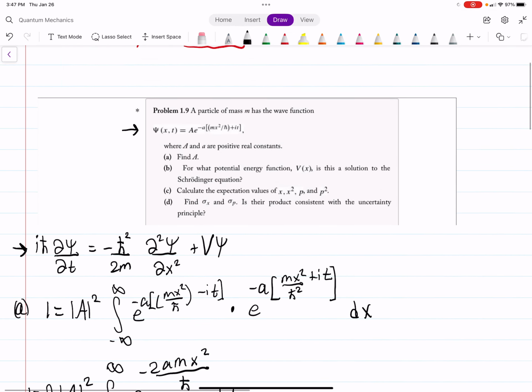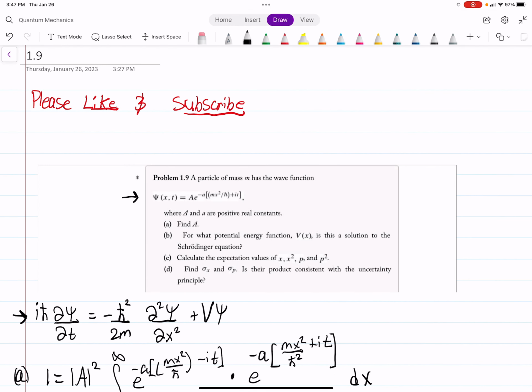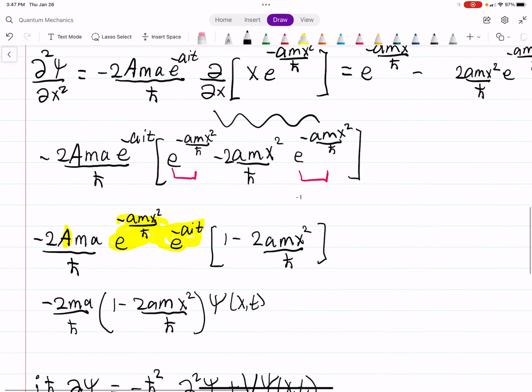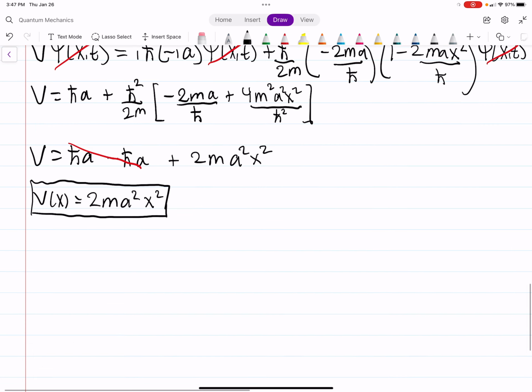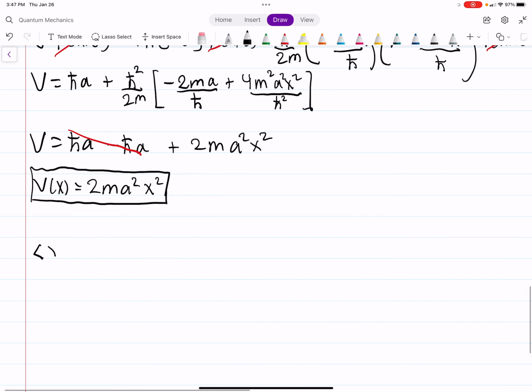So that was a lot longer. C and D, I think, will go a lot faster. So we'll start with just finding our expectation values. And again, the expectation value of x is equal to this integral.